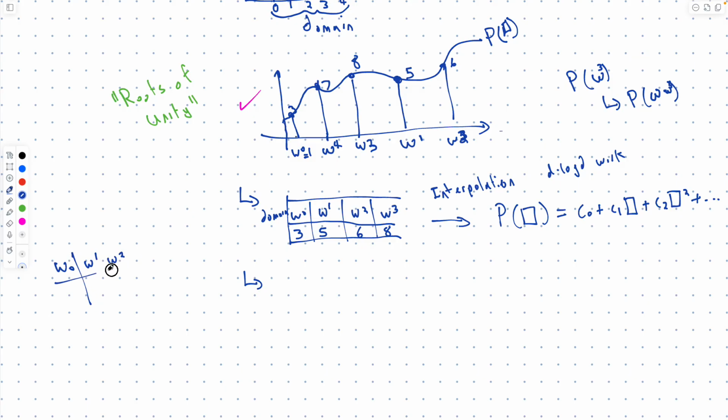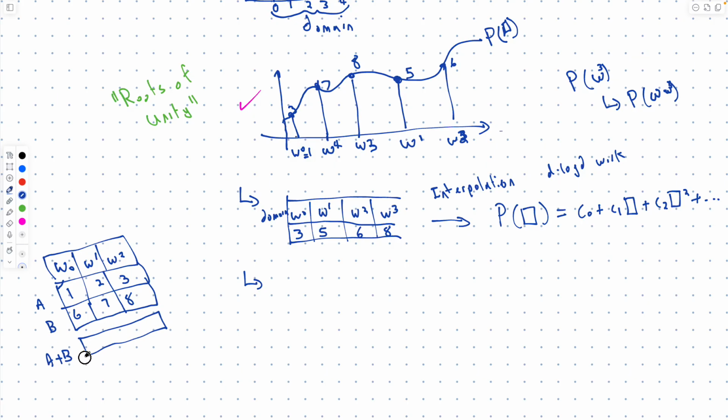Let me just do a simple example here. 1, 2, 3, 6, 7, 8. We can call this array A, and this is array B, and A plus B is going to be 7, 9, 11.